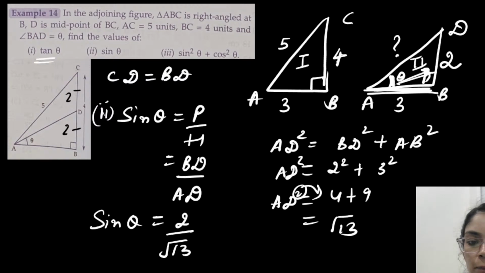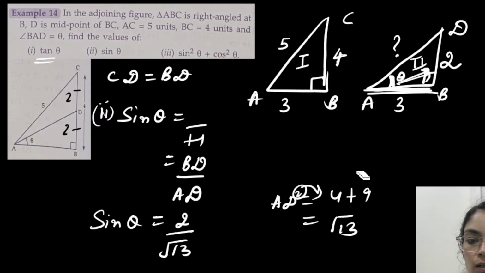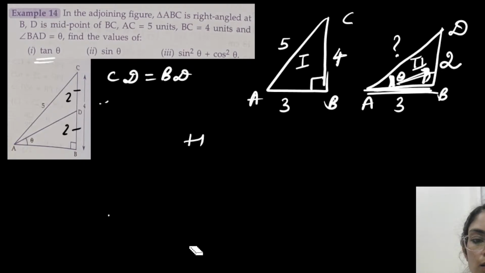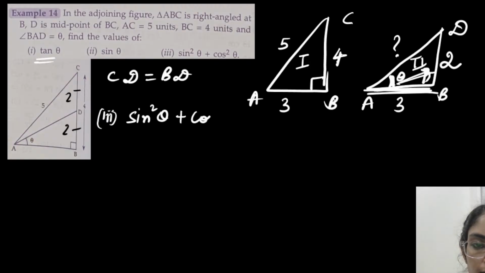Now let's do the third part. The third part of the question is sine square theta plus cos square theta.